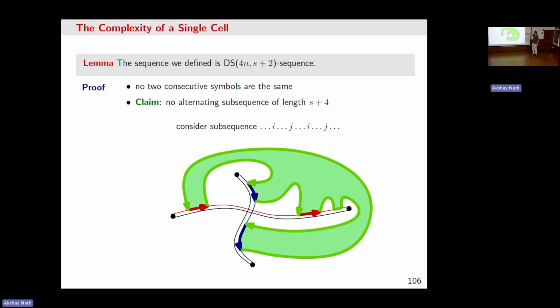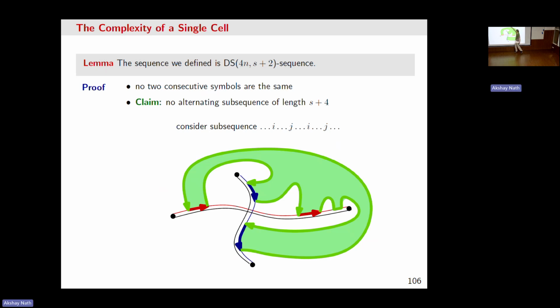So we need to show that you don't have this. And what you can argue is that, okay, suppose I have ij, that now essentially here you can charge it to an intersection.